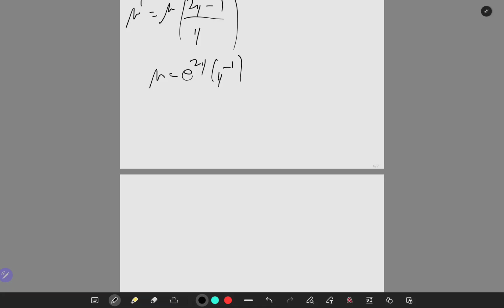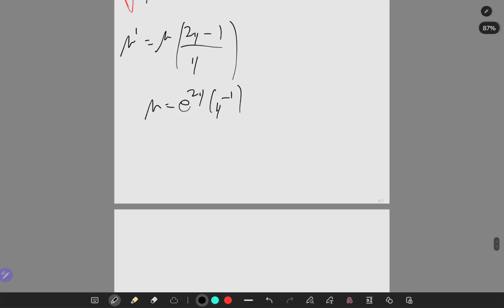If we multiply mu by our original equation, we'll be left with e to the 2y plus 2x e to the 2y minus 1 over y times y prime is equal to 0. That's where we get it from, multiplying mu by our original function.